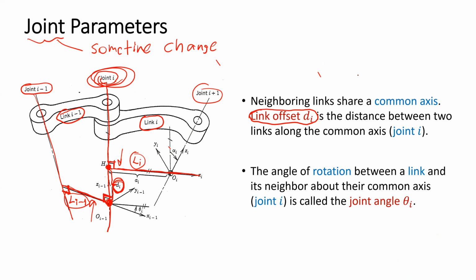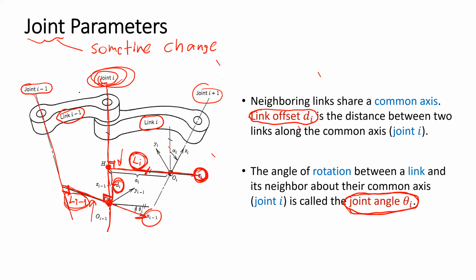Another joint parameter is the joint angle. The joint angle is the angle between the directions of the mutual perpendiculars. The mutual perpendicular of link I minus 1 points in this direction, and the mutual perpendicular of link I points in this direction.